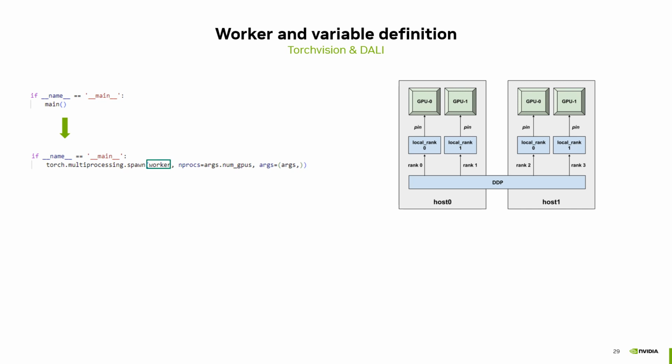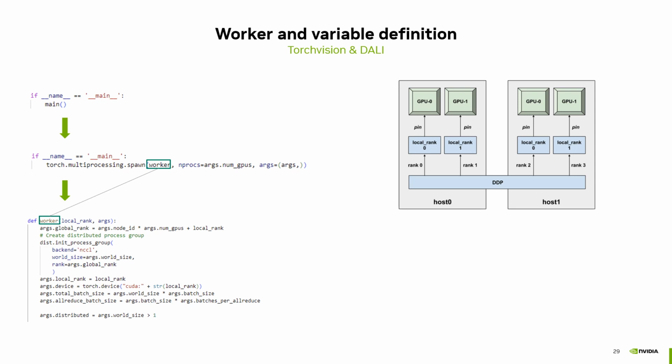So let's look into the worker. The worker, as I was saying, is a function that we'll first be using for defining different variables. We can define the global rank as the node ID. We'll look into what the node ID is exactly, but it's basically the identifier of the node you are right now running the code from. Then the number of GPUs per node plus the local rank, which is already coming from spawn.